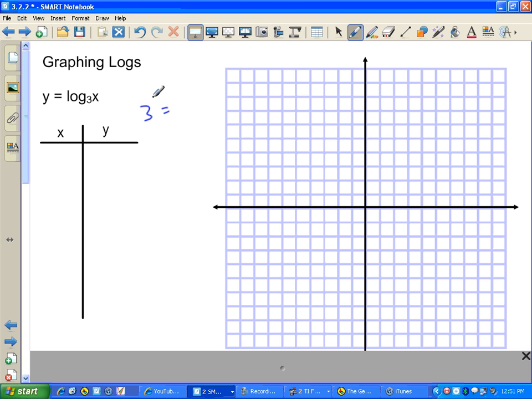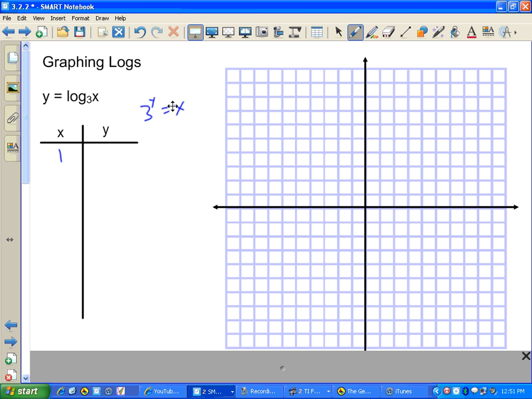I want 3 to my y's to equal my x's. So when I'm plugging x's in, I want something that came out of a power of 3. For example, we can put 1 in for x.